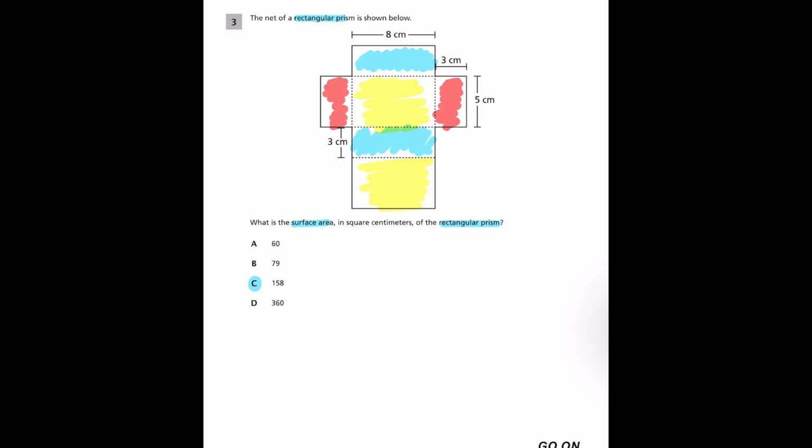So instead of adding each individual box, all 6 boxes, the areas for everyone, watch how I'm going to represent this. Since I have 2 of these, I have 2 8 by 3s plus 2 3 by 5s plus 2 8 by 5s.